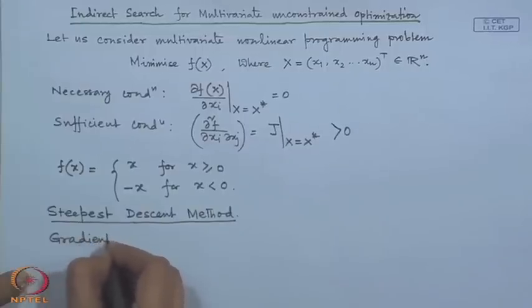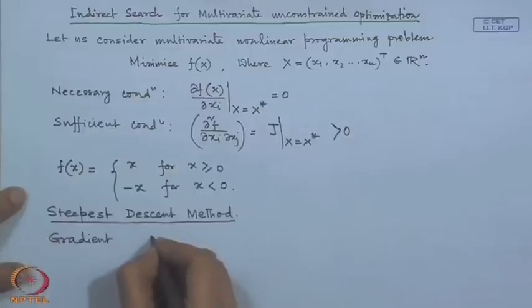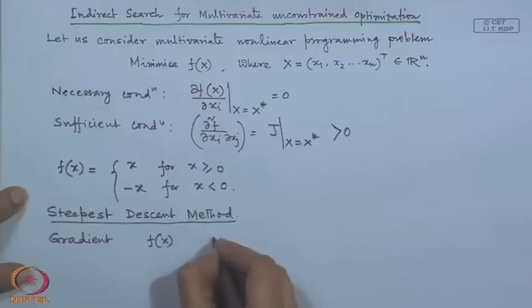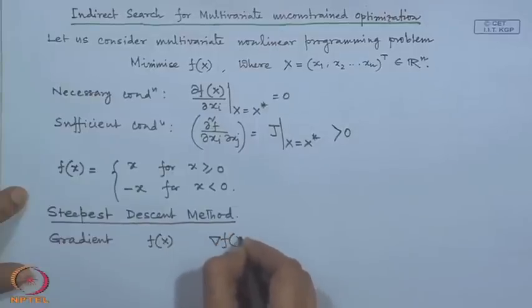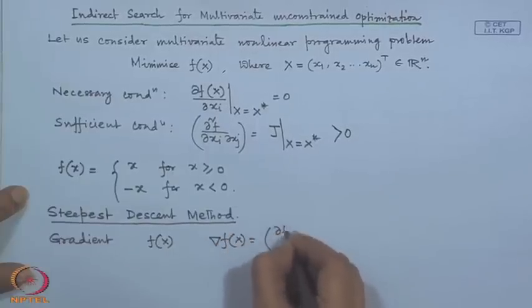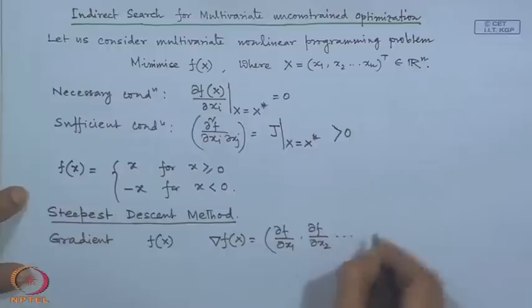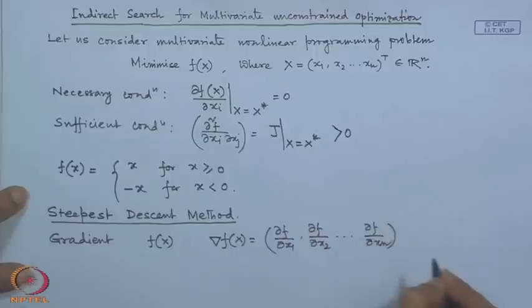As we know in vector analysis, if f(x) is the scalar function and x is an n-dimensional point, then we can define the gradient of f(x) as del f: the partial derivative of f with respect to x1, the partial derivative of f with respect to x2, and in this way we get a tuple, which corresponds to the gradient of the scalar function f.